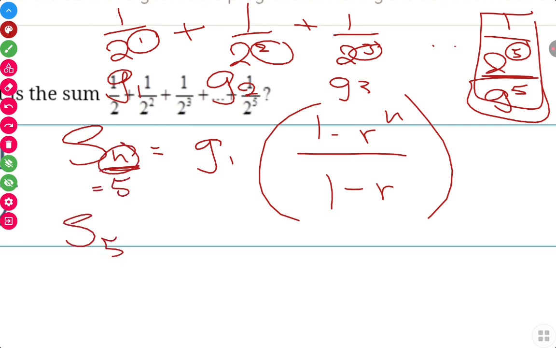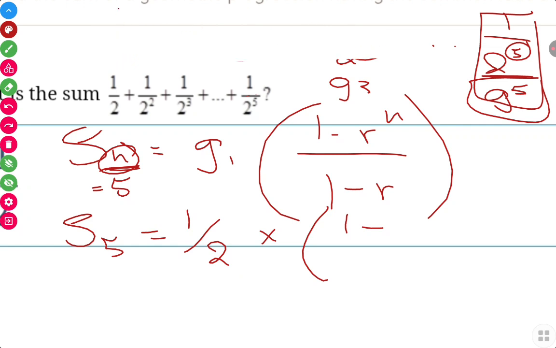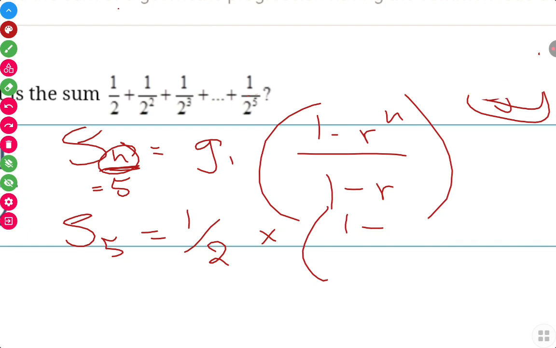So S of 5, the sum of 5, is equal to G1, which is 1 over 2, the first term, times 1 minus R to the power of n, over 1 minus R. To find the ratio, we just divide any number by the number before it. So 1 over 2 squared divided by 1 over 2 is 1 over 2. So the ratio is 1 over 2.